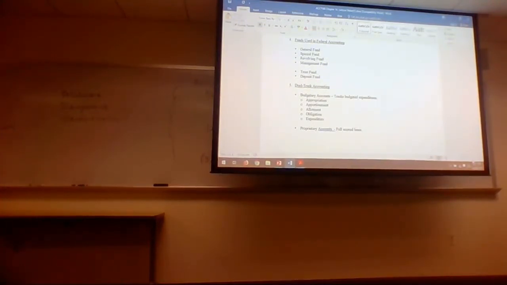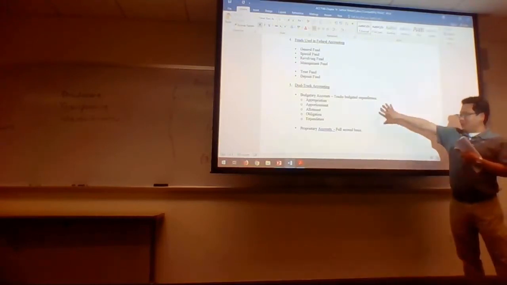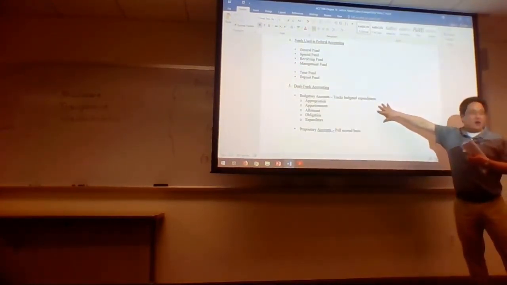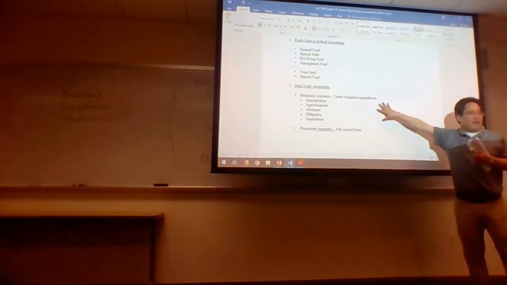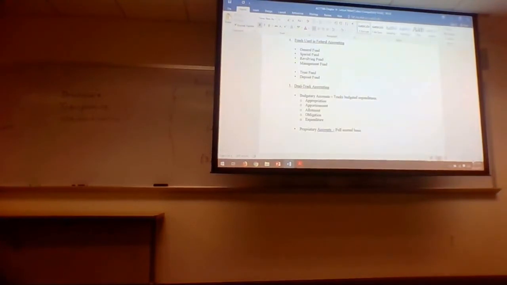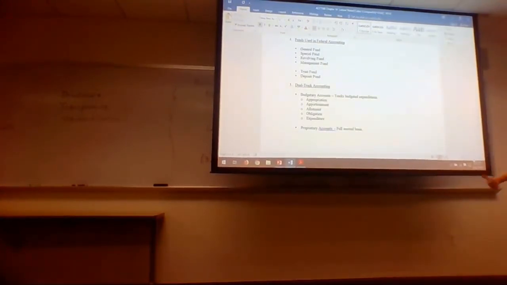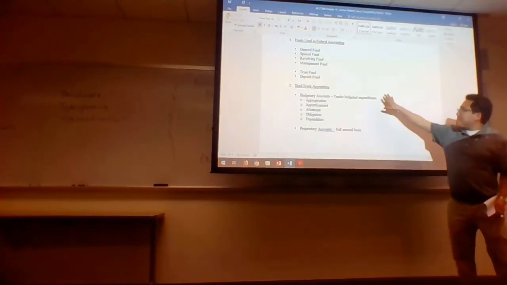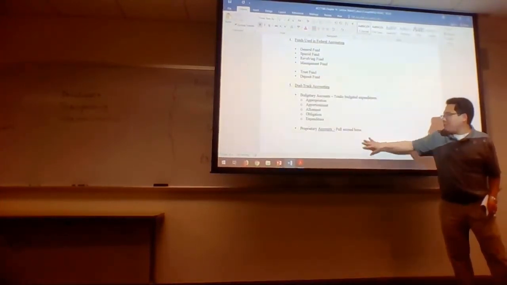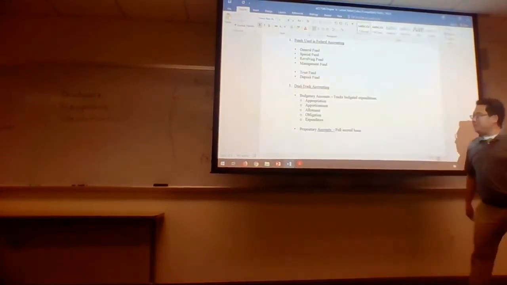For federal accounting, we have dual track accounting. We do everything twice again. But this time we do it at the budgetary level. This is the authority level. So authority is one of the most important things for the federal government because there's just a lot of money. And if you're given money, you have to have the authority to spend the money, right? So we do dual track accounting at the budgetary level and then also at the proprietary or full accrual basis level.